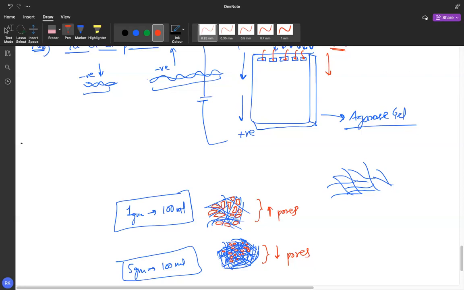So using the same voltage, the same electromotive force, making them move through the same matrix, on the basis of their size, they will automatically move slow or fast. Yes or no?